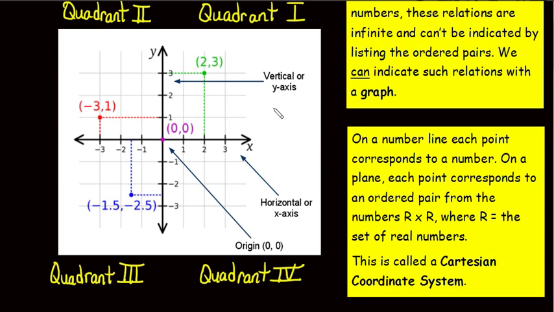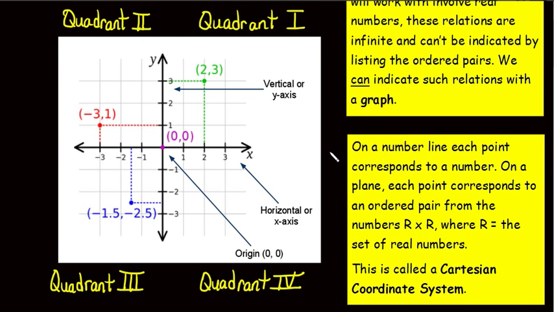Well, on a plane, like this one right here, each point corresponds to an ordered pair from the numbers R and R, where R equals the set of all real numbers. And this right here is called, the fancy word, a Cartesian coordinate system.